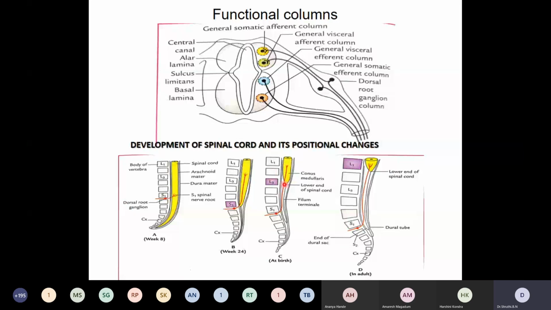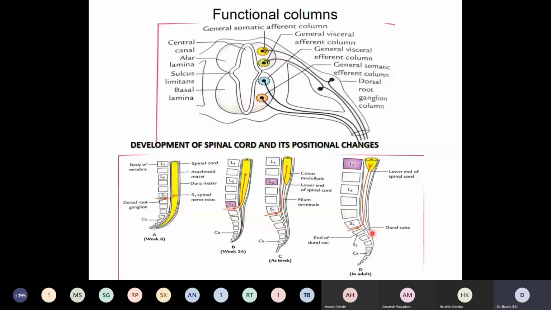The spinal cord in adults ends at the level of L1, whereas the dura mater ends at the level of S1 or S2. Here you should note one point. The pia mater is derived from the neural crest cells, whereas the arachnoid and dura mater are from the condensation of the mesenchymal tissue around the neural tube. This is a very important point, just note it down.